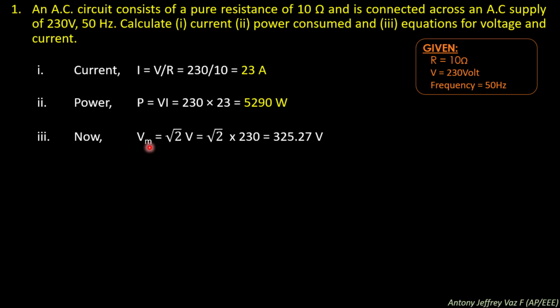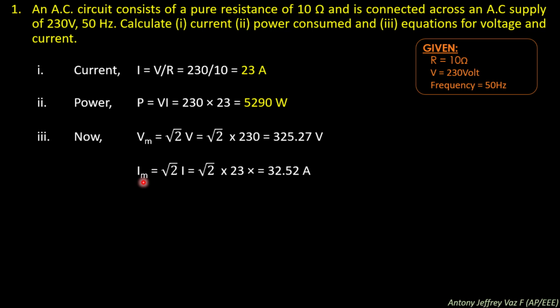To find the maximum voltage, we have the formula root 2 into V. Here, the V is the given data, which is 230 volt. So root 2 into 230 volt will give you a voltage of 325.27 volt.